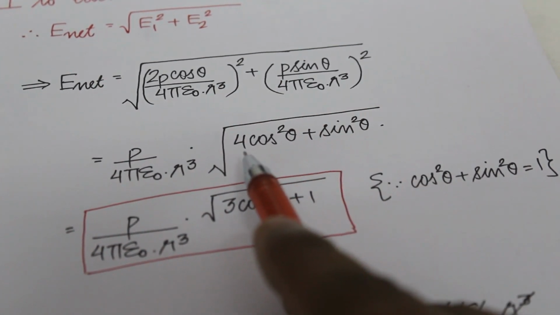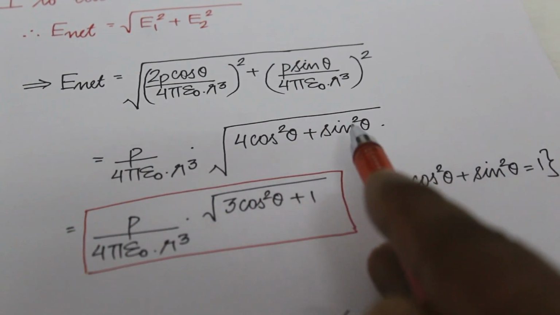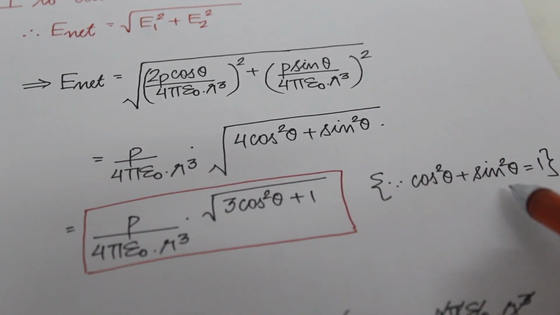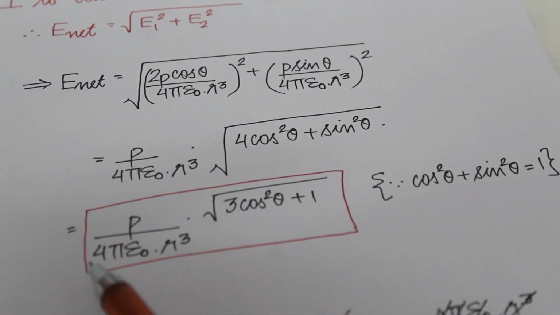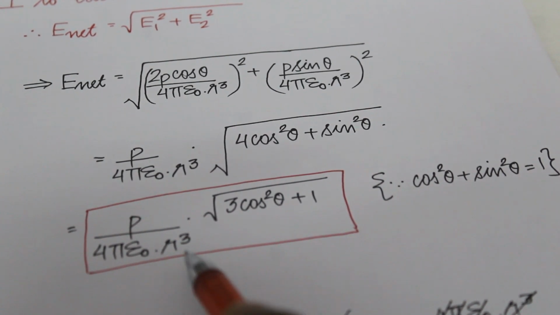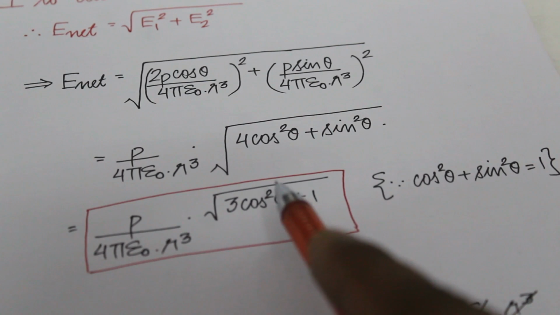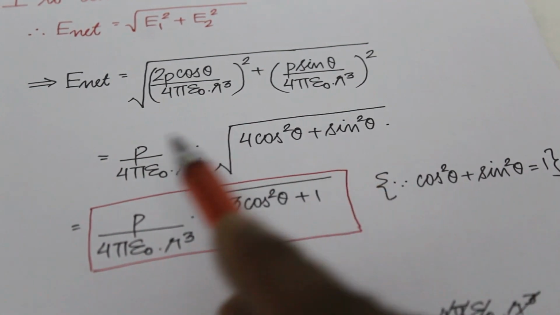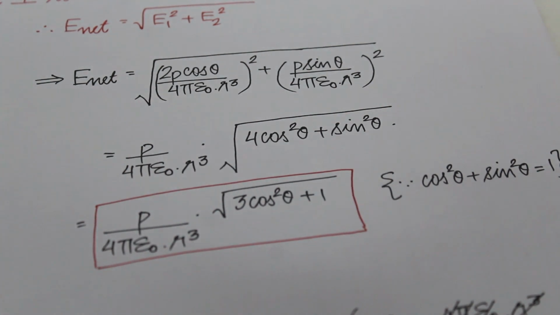Now I can write 4 cos square theta as 3 cos square theta plus cos square theta. Now what is cos square theta plus sin square theta? It is equal to 1. So I will finally get p upon 4 pi epsilon naught r cube into under root of 3 cos square theta plus 1.